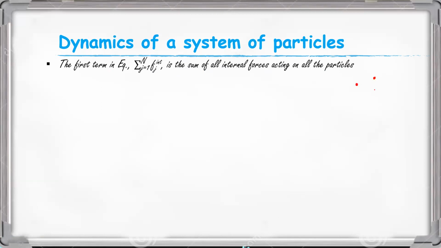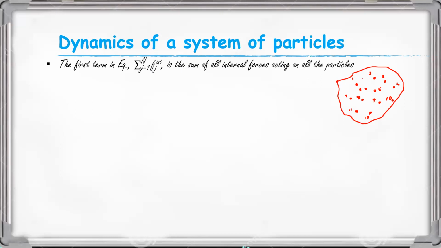Here I assume a system with some particles. Let it be 1, 2, 3, 4, 5, 6, 7, 8, 9, 10, 11, 12. Okay, it is considered as a system.